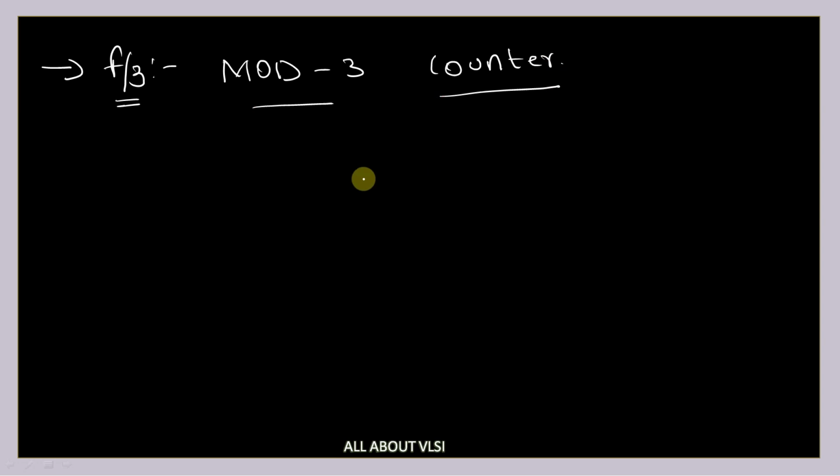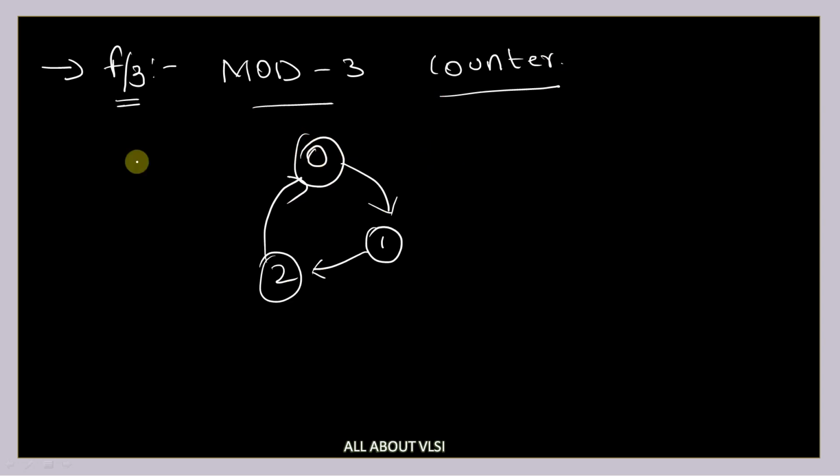Now for a mod 3 counter, what are the states I am going to have? I am going to have 0, 1, 2. So we should consider a mod 4 counter, and we should convert that mod 4 counter into a mod 3 counter. How to convert a mod 4 counter into a mod 3 counter, that also we have seen. We have considered a mod 8 counter in our examples, and we used the clear signals and made that mod 8 counter into a mod 5 counter.